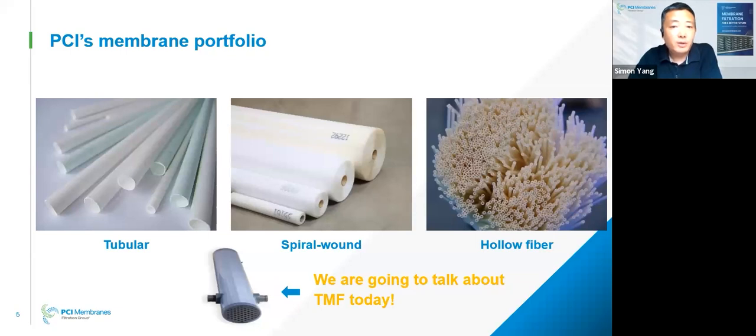And next to our traditional product, we also have wire wound and hollow fiber membranes. But the product we are going to introduce today is TMF, which is a type of atypical tubular membrane. To illustrate how different, let's begin with what is TMF.